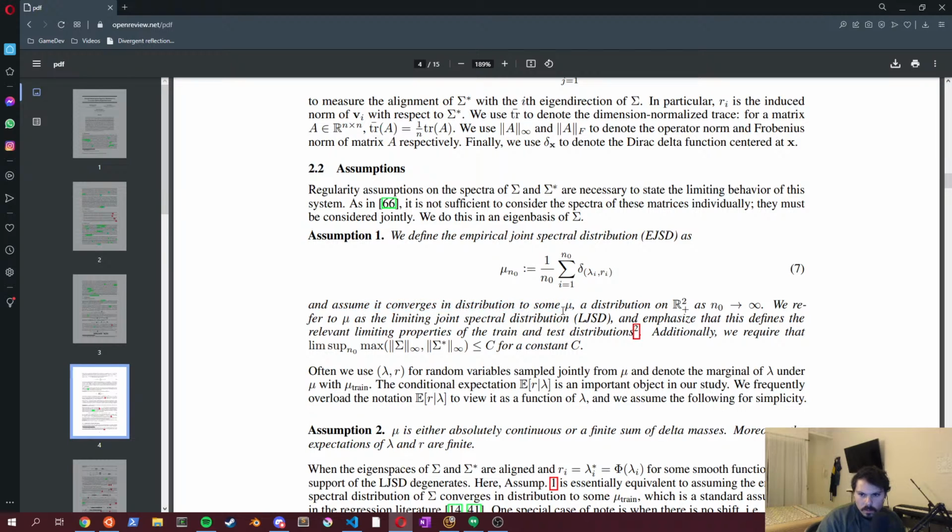We refer to this mu as a limiting joint spectral distribution and emphasize that this defines the relevant limiting properties of the train and test distributions. Additionally, we require that the limit supremum of the max of epsilon infinity, epsilon star infinity is less than c for a constant c.